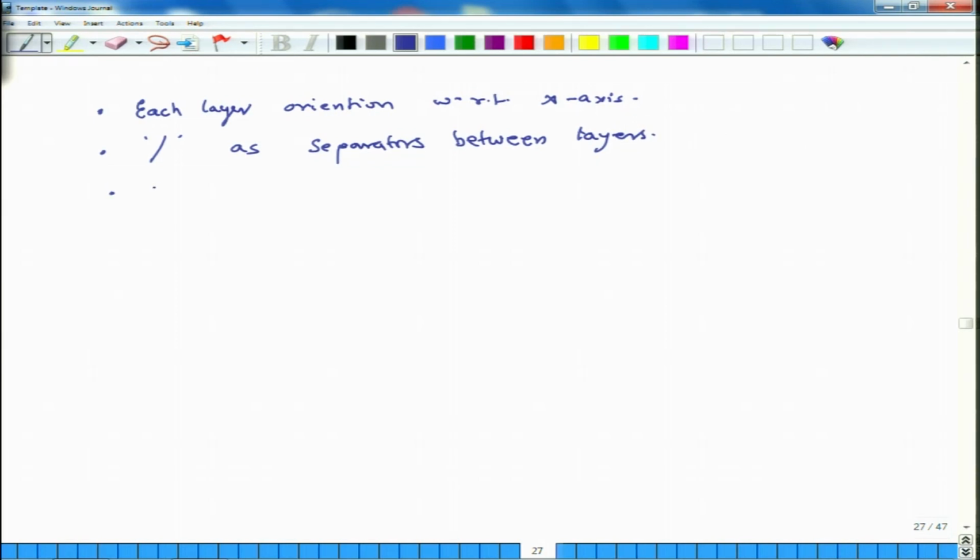We always go from top to bottom. What else? If there are 2 layers next to each other and they have the same orientation, so adjacent layers with same theta, then we give a subscript.